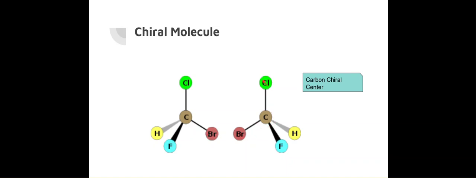If we make a chemical compound that's identical to this, but a mirror image, so if you drew a mirror down the middle, this is a mirror image of that. These are isomers because they have the exact same chemical composition, but they have a different orientation in space. And there's no way that you could put this superimposed on that and make them match up.